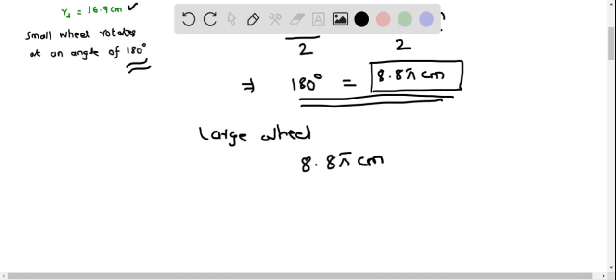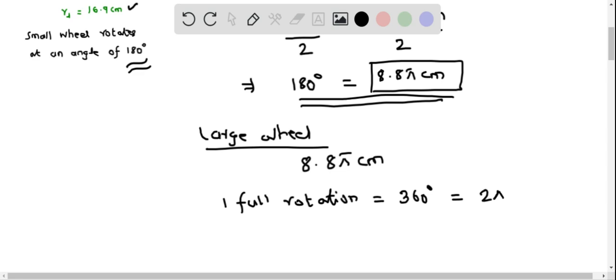And we know that for one full rotation of the large wheel, and this equals 360 degree, it is making a distance of 2 pi r sub l. So let's substitute the r sub l, that is the radius of the large wheel.